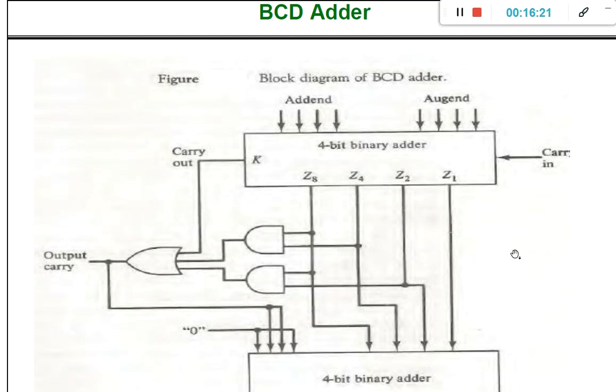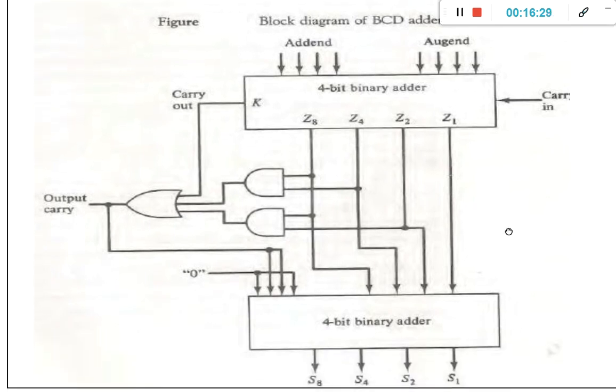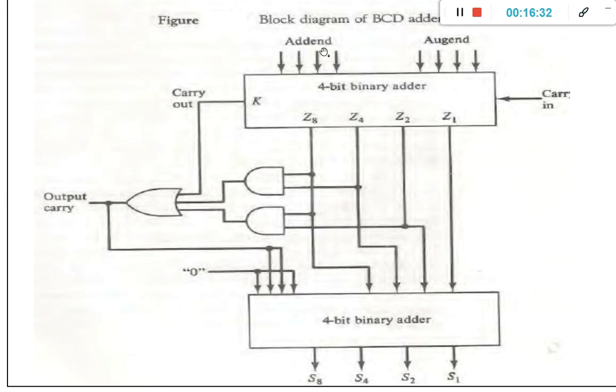Now we have seen the rules. Finally, how a BCD adder will work, we can see in this particular diagram. This is the block diagram for the BCD adder. We input two values, addend and augend, and perform the BCD sum. Then we initially get the binary values Z8, Z4, Z2, Z1, and the carry out K value.